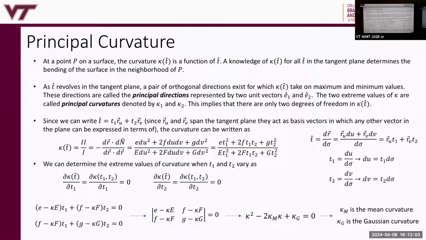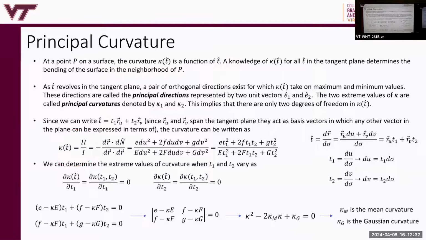Since we can write any vector in the tangent plane T as a weighted linear combination of the basis vectors that span that plane, with some coefficients T1 and T2, then the curvature can be written in the following form. So kappa of T, we're going to define as the second fundamental form divided by the first fundamental form.